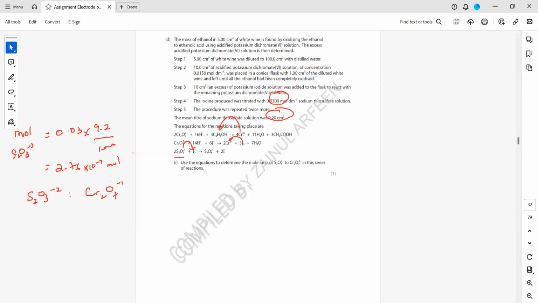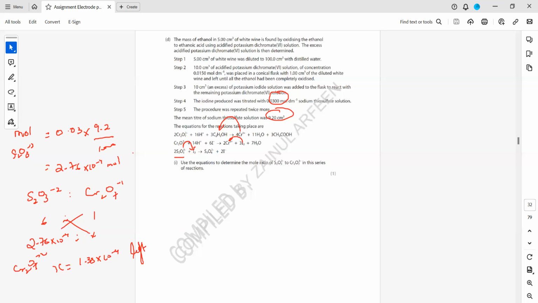You can first get iodine and then dichromate, but it can also be done directly with the ratio 6:1. So 2.76 × 10⁻⁴ is to 6 as x is to 1. Cross multiply. This gives the moles of dichromate left, 1.38 × 10⁻⁴... wait, it will be 4.6 × 10⁻⁵. These are the moles of Cr2O7 left, because the unreacted dichromate reacted with iodide, and the iodine was titrated with thiosulfate.